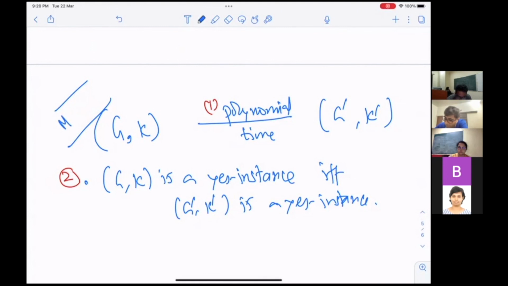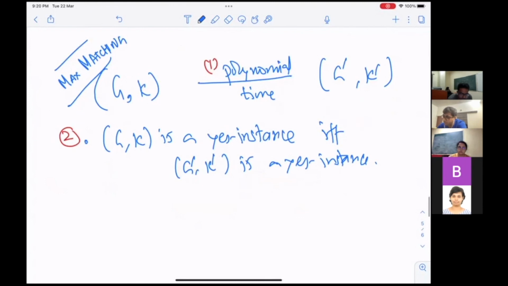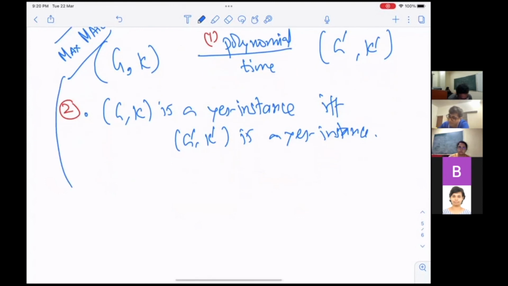For the first time, I'm going to change the problem. So for the max matching, what is the max matching problem?